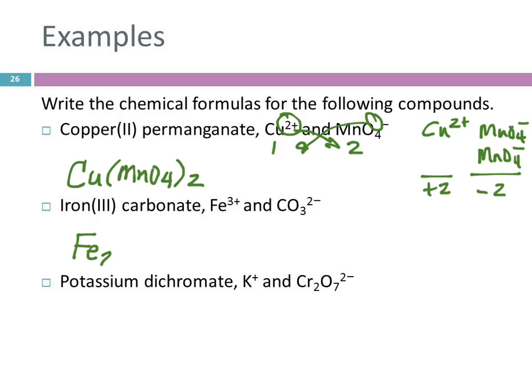So Fe2, and then this superscript here, the charge 3, will become the subscript over here. This 3 is not part of the ion's formula. CO3, and then we're going to put parentheses around it and put the subscript telling us quantity on the outside.